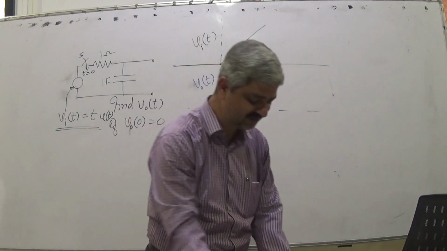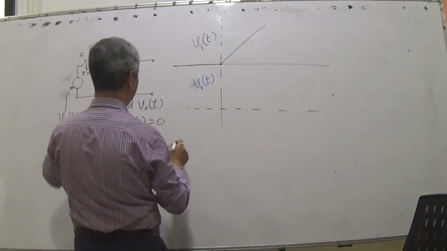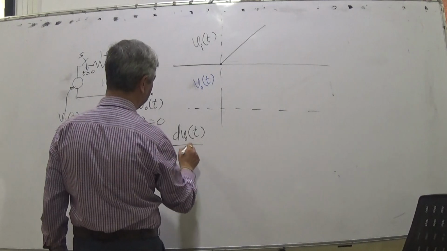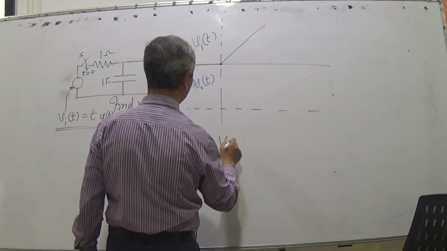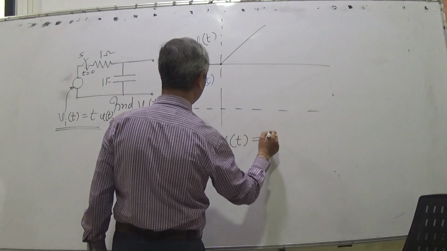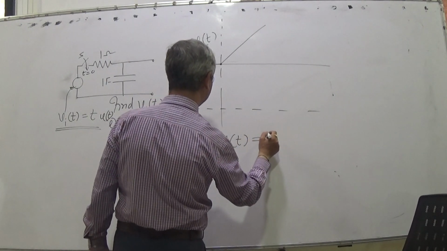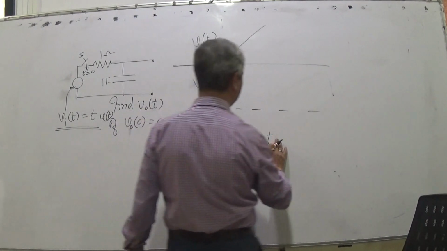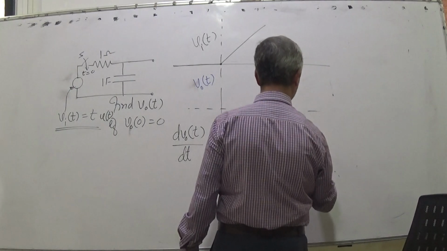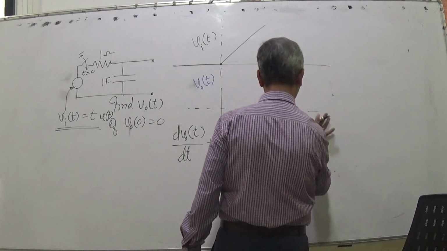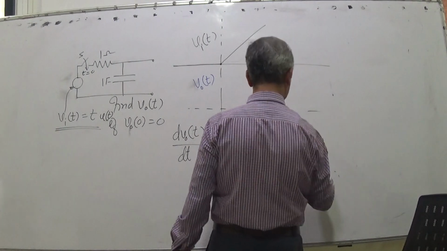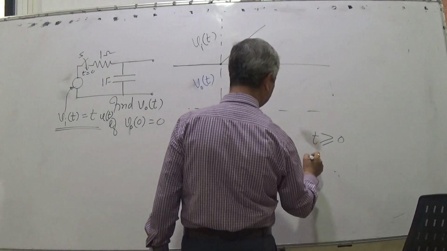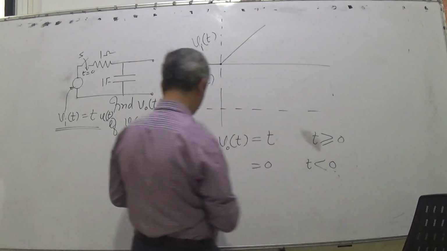Now the differential equation remains the same, with 1, 1. So dVOT upon dt plus VOT is equal to now V in T, and V in T is T. To be precise, TUT, but I can say T for T greater than or equal to 0, and that is 0 for T less than 0.